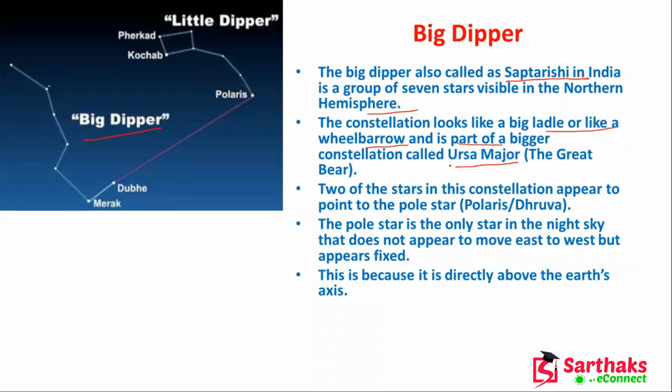Two of the stars in the constellation point to the pole star, Polaris, Dhruva. Okay, and the pole star is the only star in the sky that does not appear to move east to west but appears fixed. This is because it is directly above the Earth's axis. This point is very important: why is the pole star fixed?